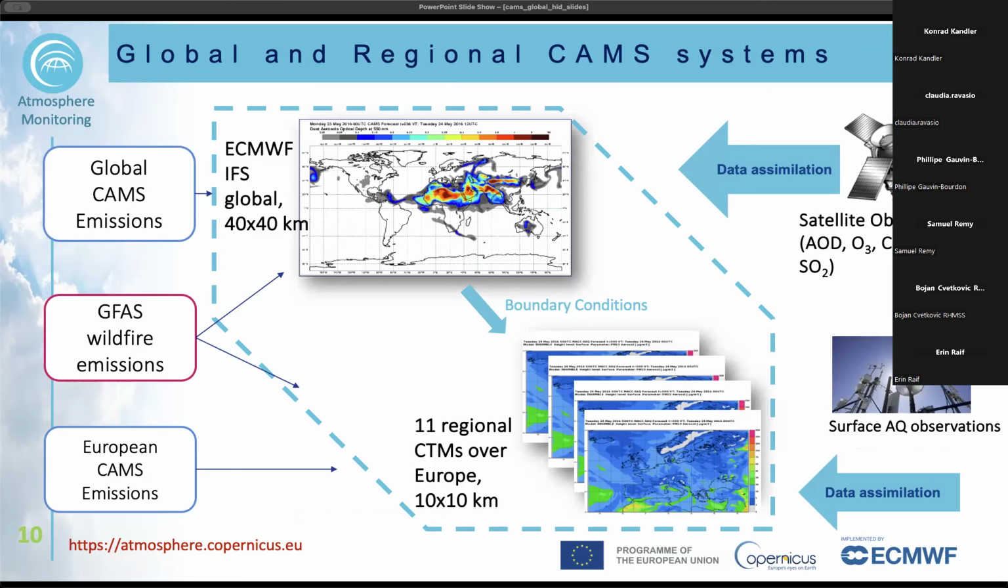Bojan gave a few brief details about CAMS. We're running, as I said, a global system, which is the main work that we do at ECMWF. We're running the integrated forecast system, which is global, with 40 kilometer by 40 kilometer effective spatial resolution. It includes all the NWP and the simulation of all the NWP observations.